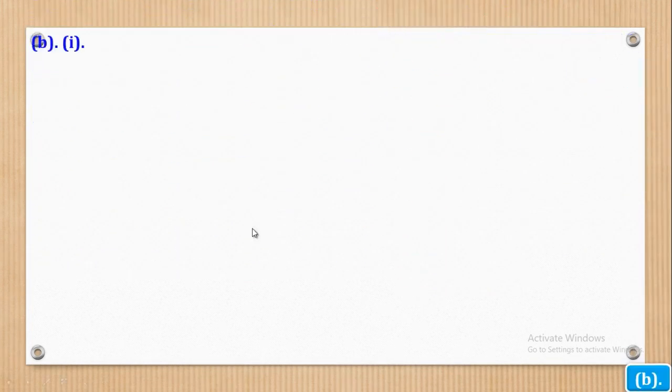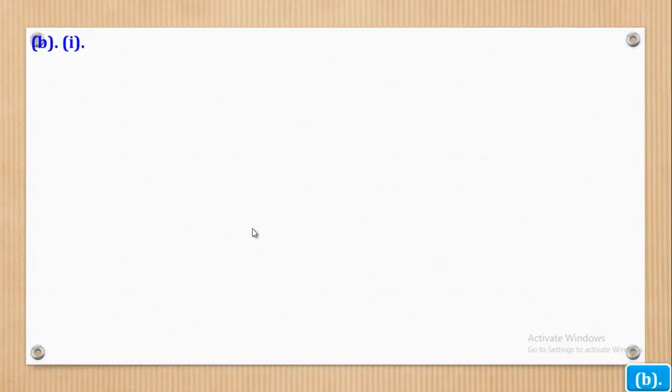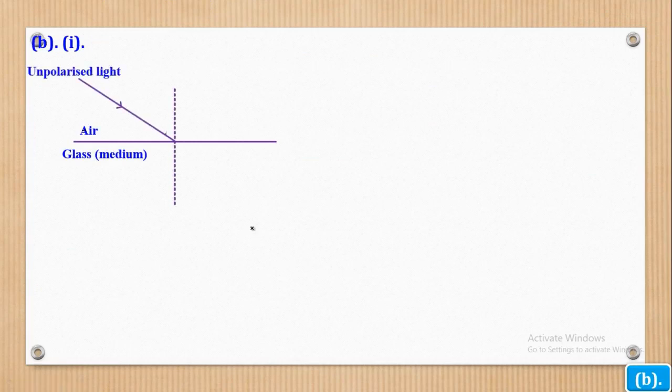So now we shall go to part B, Roman 1. Part B, Roman 1 says, describe how plane polarized light can be produced by reflection. So first we shall need a diagram. So these are two media, air and glass.